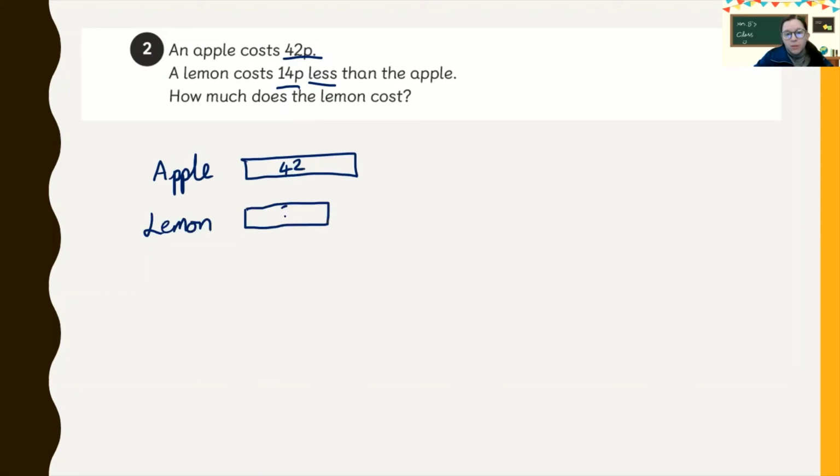We don't know how much that costs, but we know it's 14p less than the apple. So think about the calculation you need to find out how much the lemon costs. This is just a one-step problem. You only need to find the cost of the lemon, not how much they cost altogether. Although if you want to do that, that's pretty cool. Pause the video and find out how much the lemon costs.